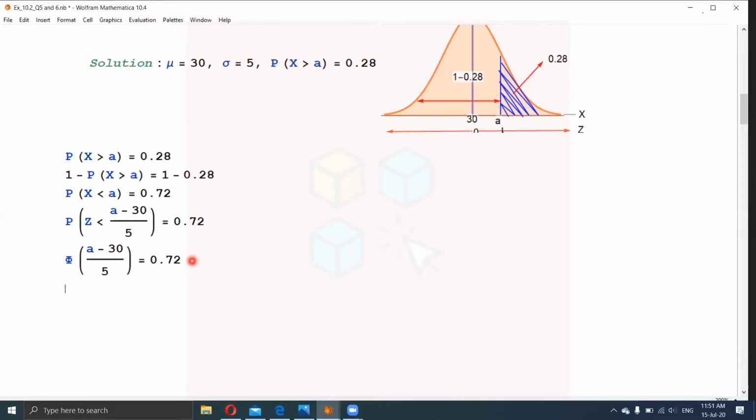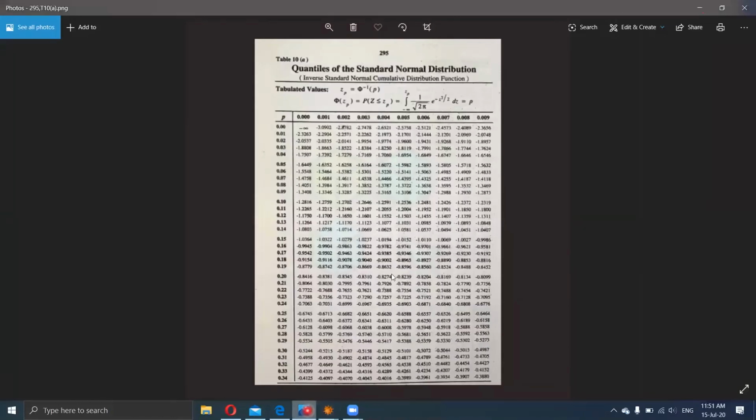We can write it as phi inverse of 0.72, and this value exists in table 10a. It's phi inverse because it is now on the right hand side. From the left it comes to the right hand side, and the table value from 10a is on the next page.